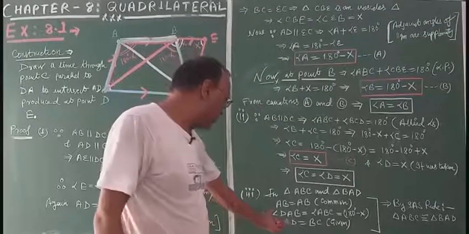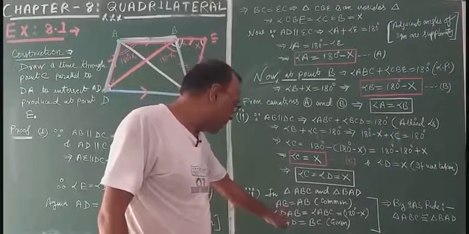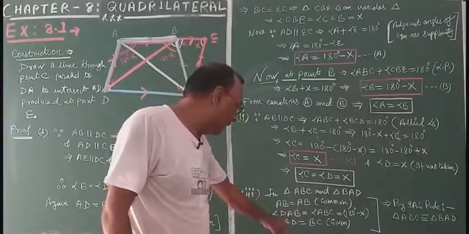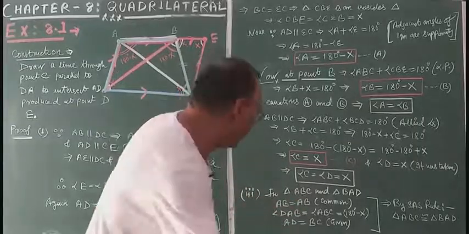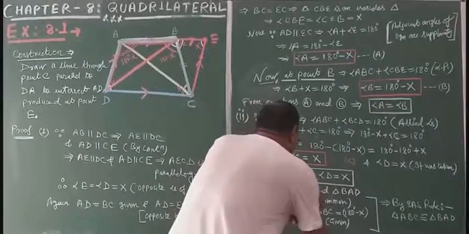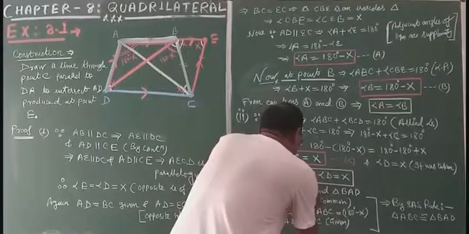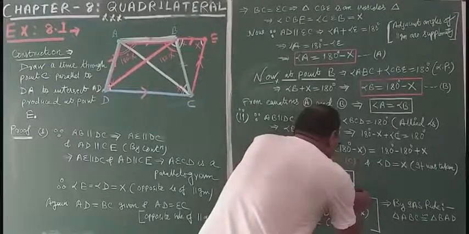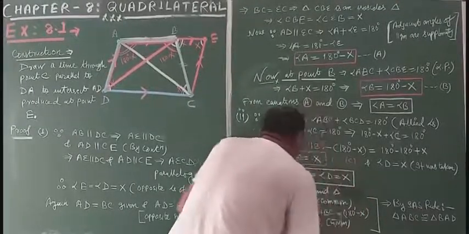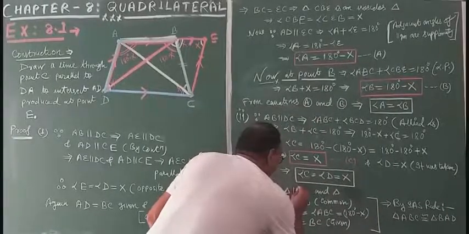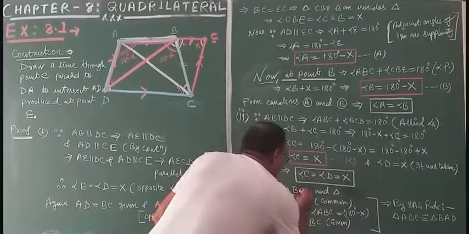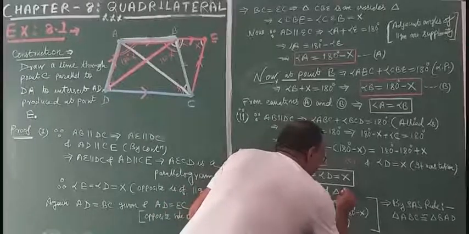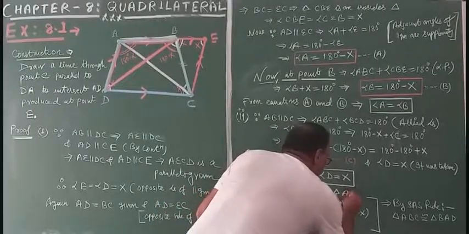There is a little mistake here. First we wrote triangle BAD and then ABC, so we can change them. We write BAD first, in triangle BAD and triangle ABC.